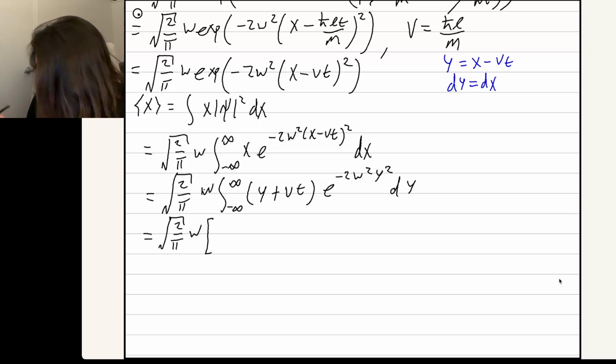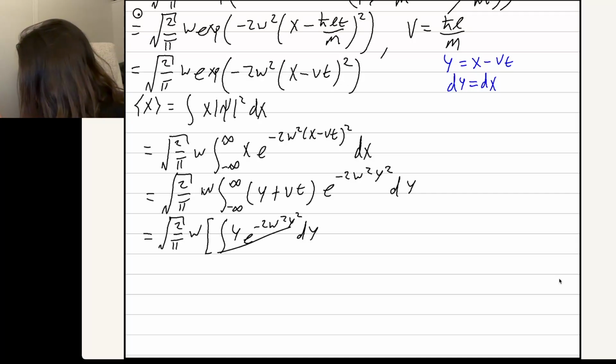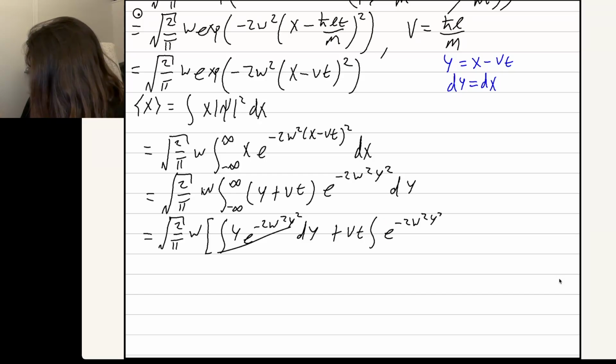So we've got the integral of y e to the minus 2 w squared y squared dy, which goes to 0, and then plus vt times the integral of e to the minus 2 w squared y squared dy.